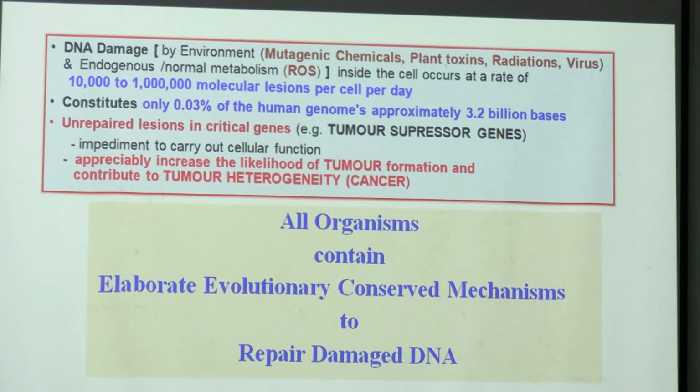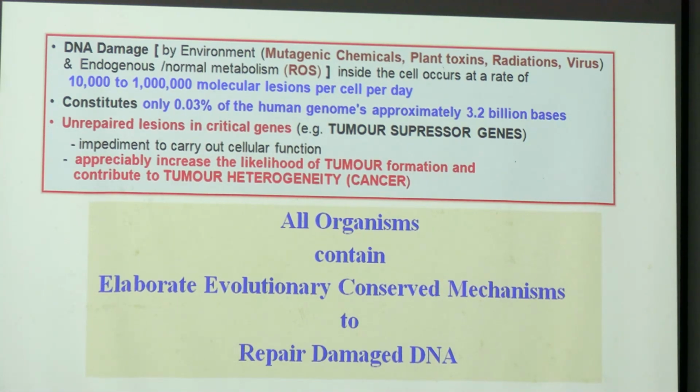But this constitutes only 0.03%, because we have 3.2 billion base pairs of DNA. Unrepaired lesions in any particular protein, particularly a tumor suppressor protein, are likely to cause unregulated growth and cancer.